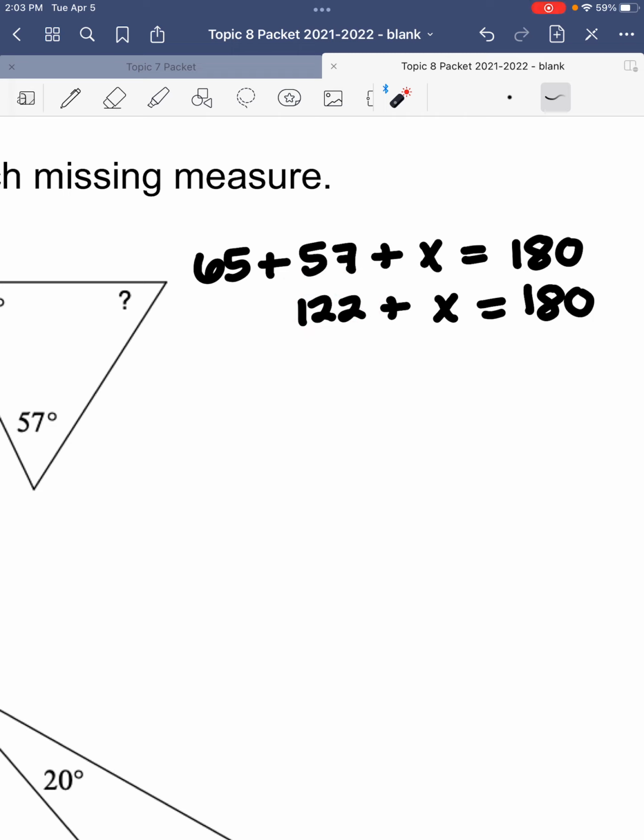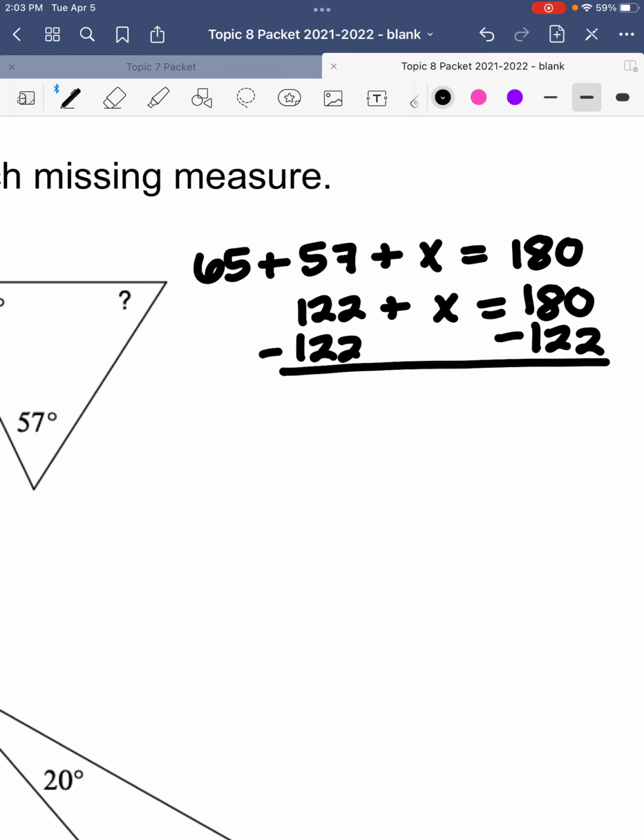So to undo it, I simply subtract 122 on both sides. Okay, so now that I'm subtracting that on both sides, the 122s cancel out, and x is by itself. And on the other side, 180 minus 122 is 58. So that missing angle is 58 degrees.